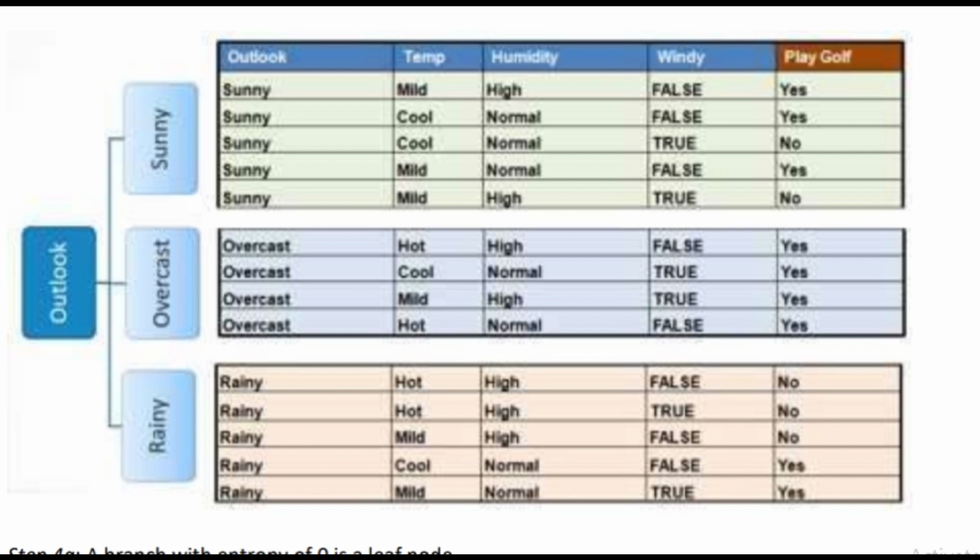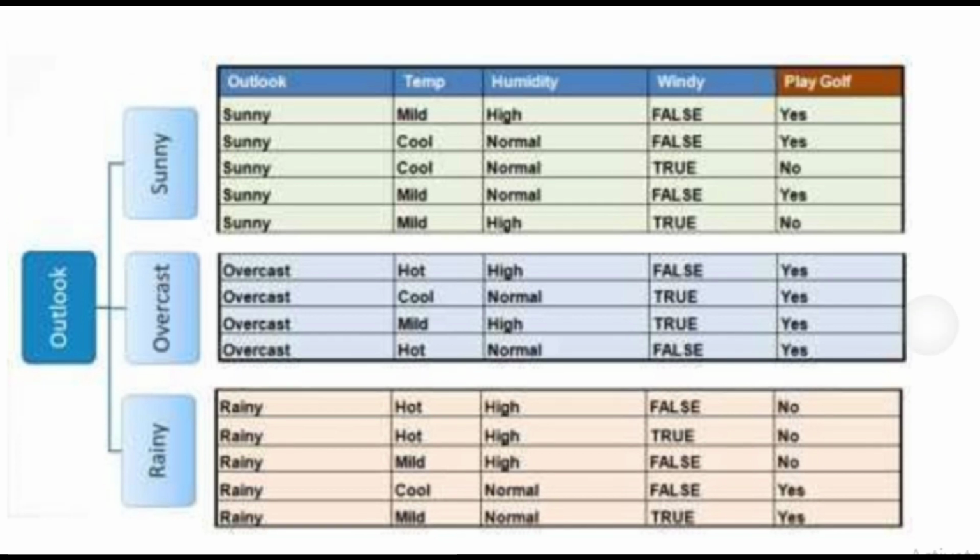Here in the outlook table we have gain as 0.247. So we choose this as the decision node. So we divide the dataset into rainy, overcast and sunny.